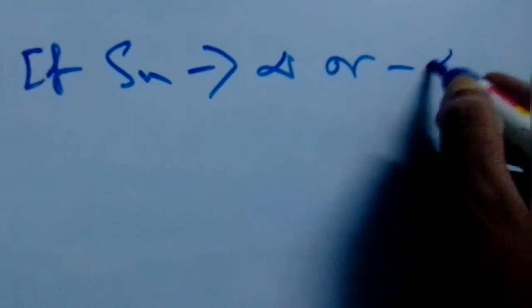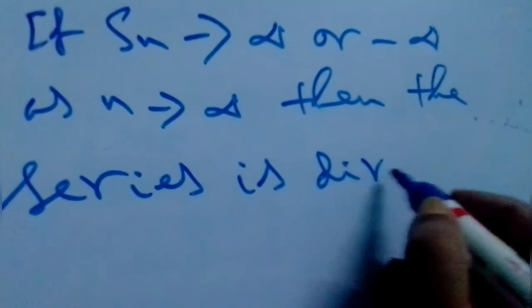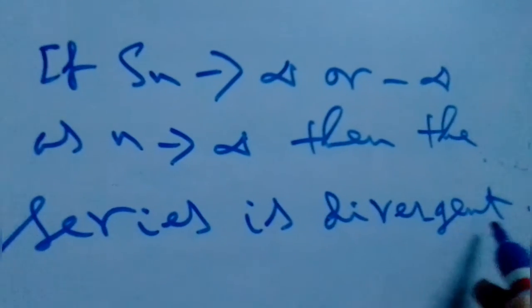This result: if Sn tends to infinity or minus infinity as n tends to infinity, then the series is divergent. So this provides a basic idea and basic sense of convergent and divergent series.